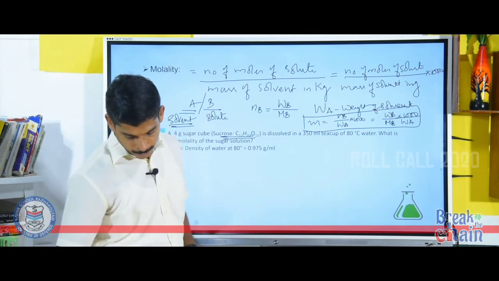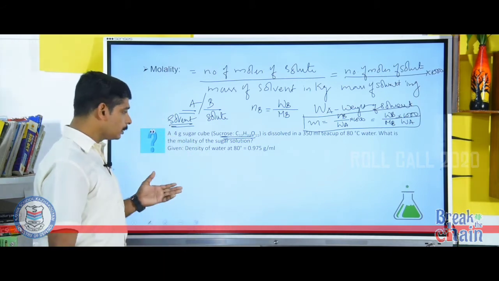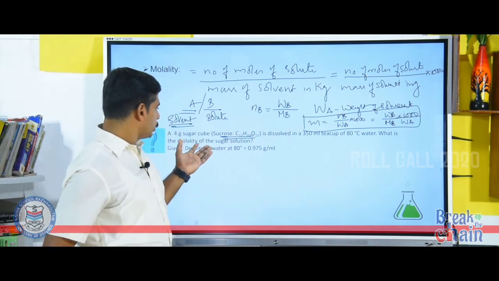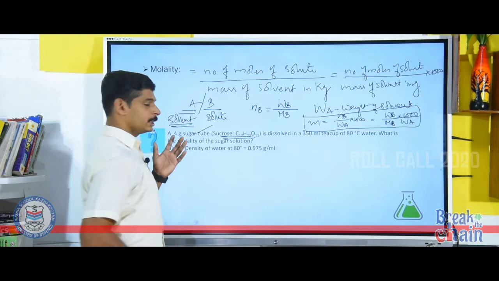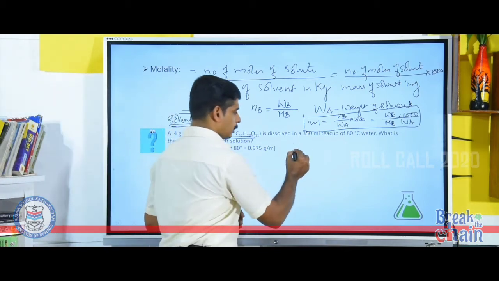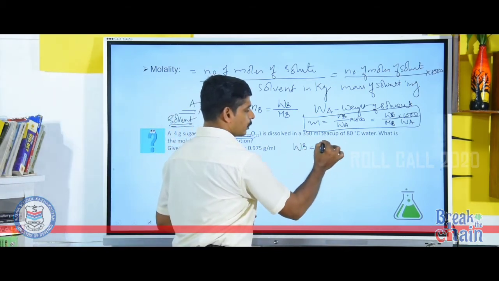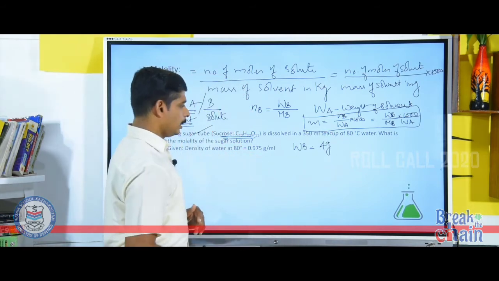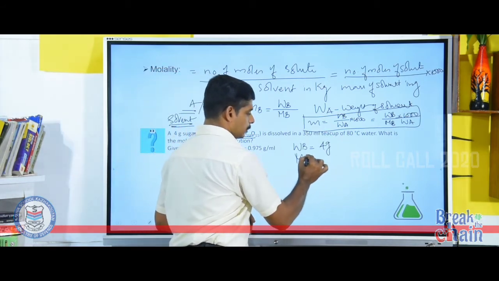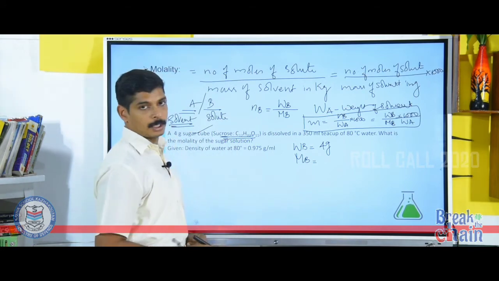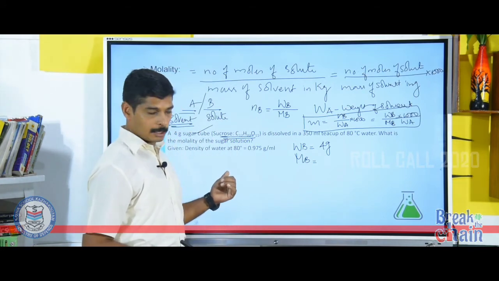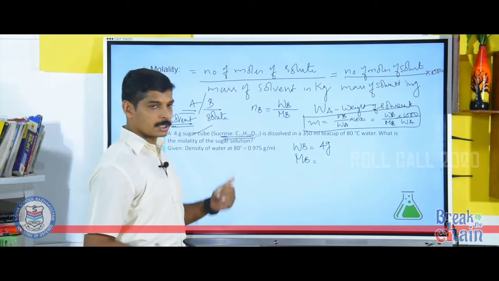Read the question once more. What is the question? You are given what? The amount of solute. Here the solute is sucrose or sugar. It is 4 gram. So, you can write WB is given as 4 gram, right? And MB, is it given? It is not given directly, you have to find it. Okay. So, you know the atomic masses of carbon, that is 12, hydrogen 1, oxygen 16.